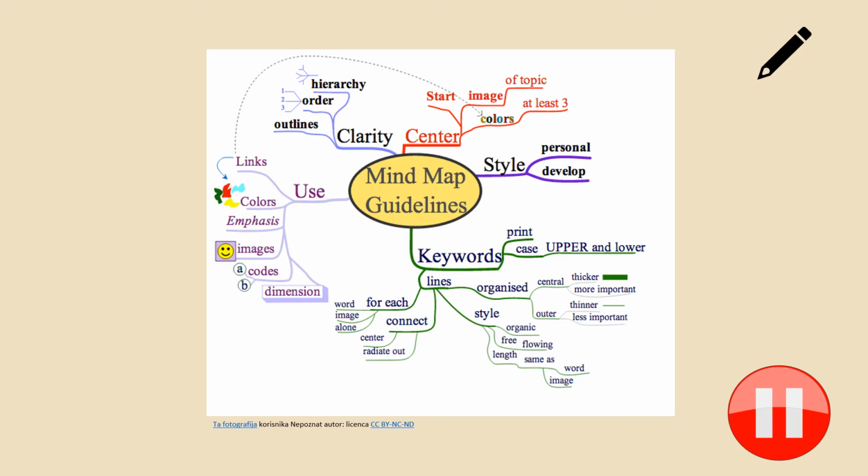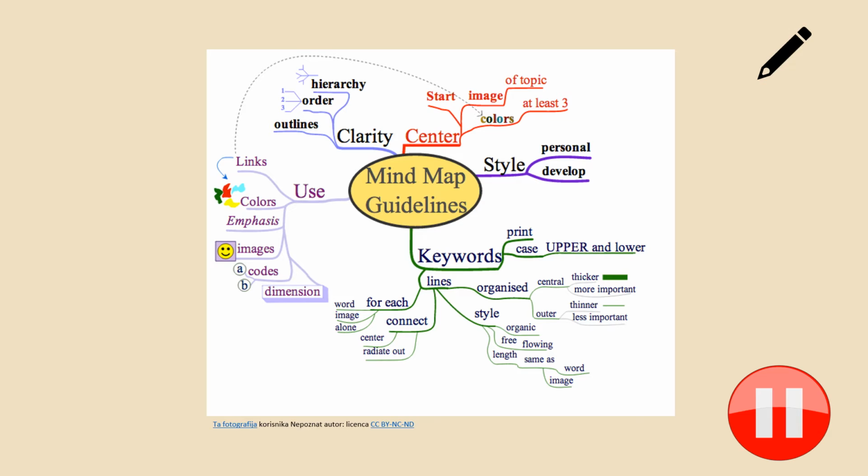As you can see on this template here, there are some tips when drawing a mind map. So start in the center and then spread the branches with the terms you find very, very important. Use the lines to connect subterms to these important ideas that you have.